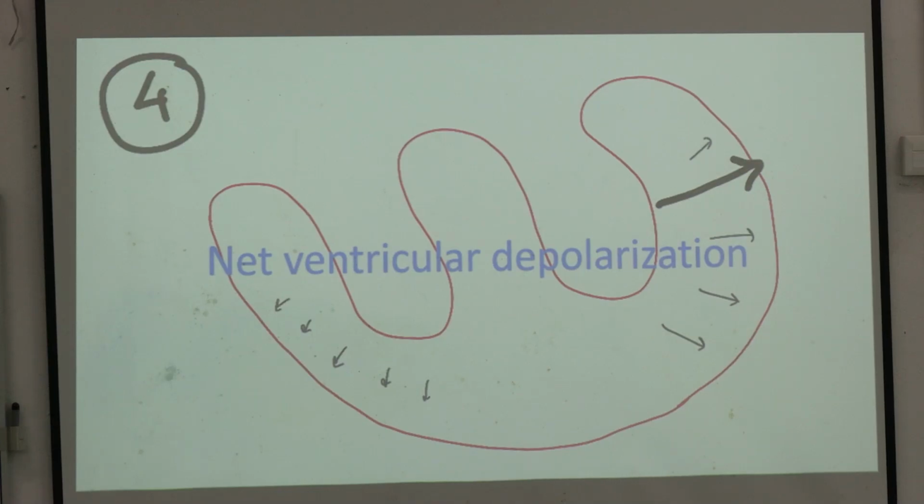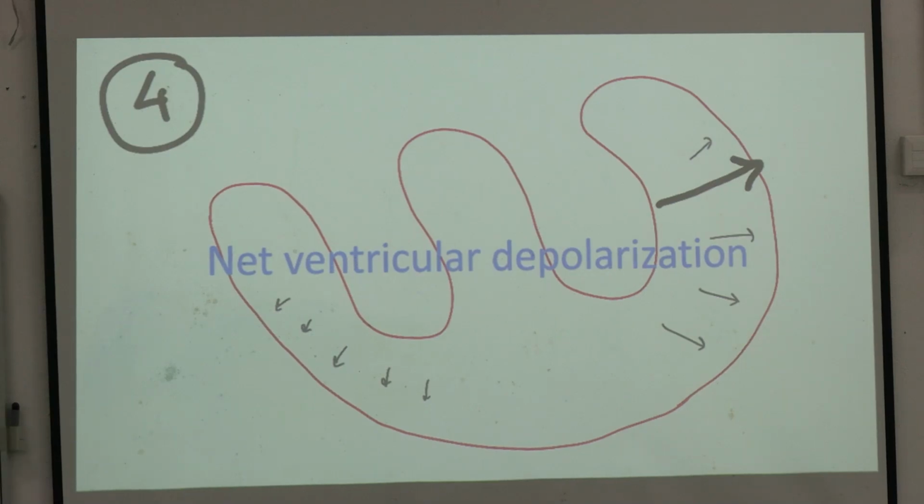The vectors which depolarize the left ventricular free wall are stronger than the vectors which depolarize the right ventricular free wall. You see these arrows are longer, and these are shorter, right? So the resultant you get is this, which will be oriented towards the left.